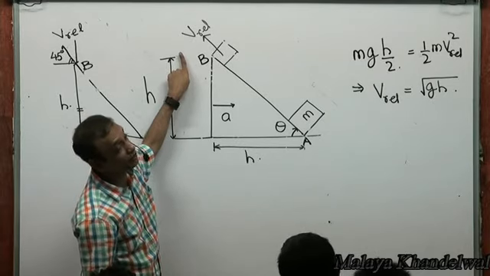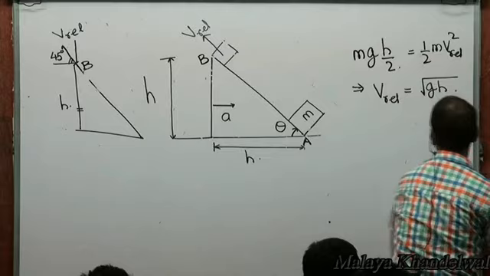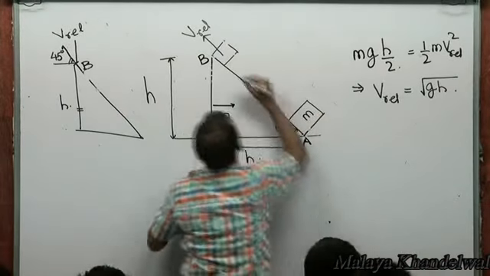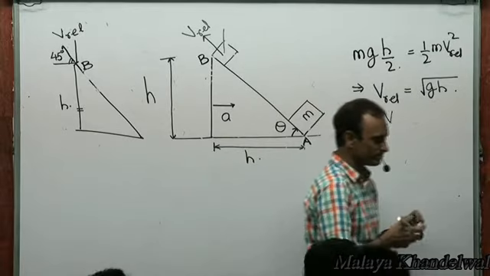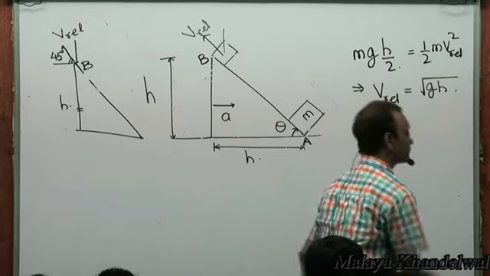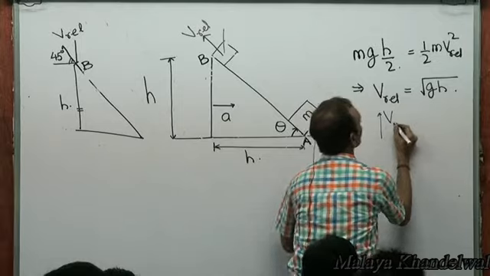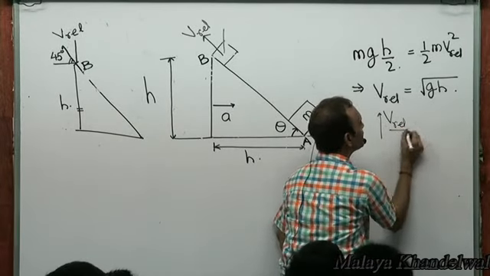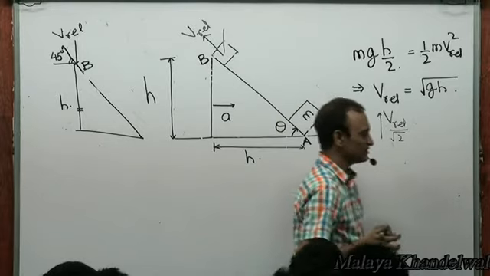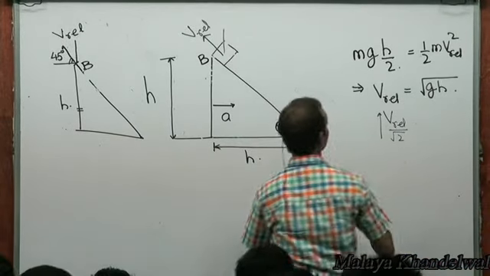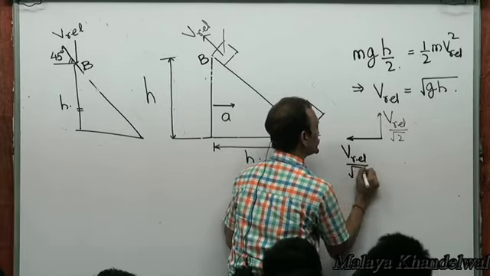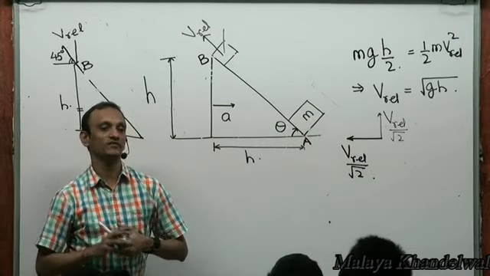Relative velocity vertical and horizontal with respect to the inclined plane. If I resolve it, all of these angles are 45 degrees, so it will be vrel cos 45 degrees, vrel by root 2, the horizontal and vertical velocity, right?